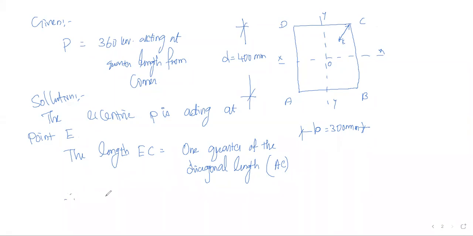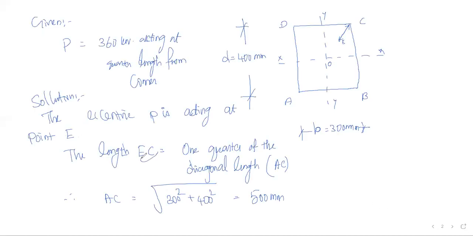The diagonal length AC is equal to root under 300 square plus 400 square, which is equal to 500 mm. So the length AC is equal to 500 mm.